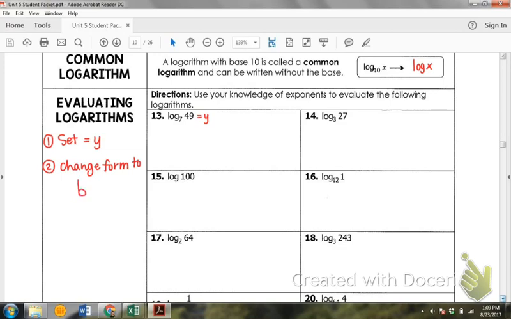And let's just go ahead and write what exponential form is. So if I am labeling this with my exponential form, remember this is our b to the x, and this is our y. And I want to change it to b to the y equals x.